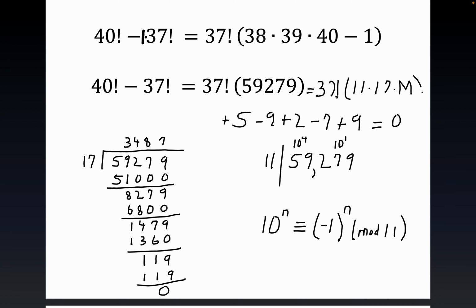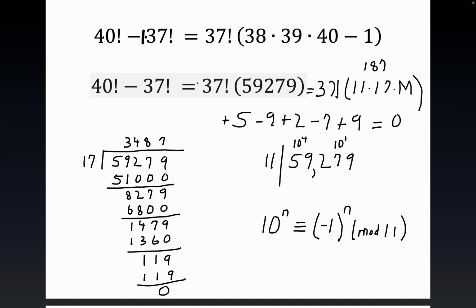We know 11 by this work right here is a divisor, and we know that 17 is a divisor by this long division that we did right here, folks. So this proves the result. In other words, 40 factorial minus 37 factorial is a multiple of 187. This part here is 187.